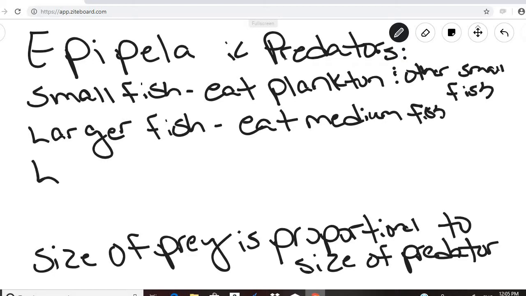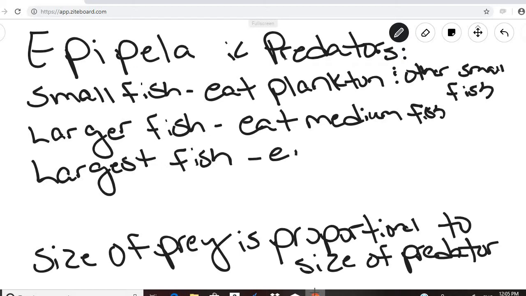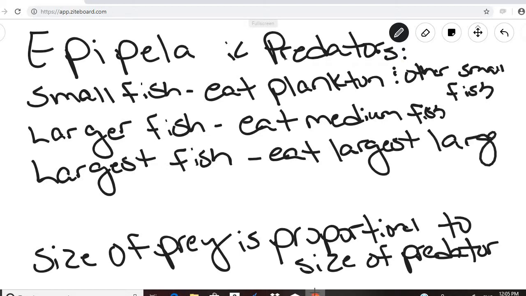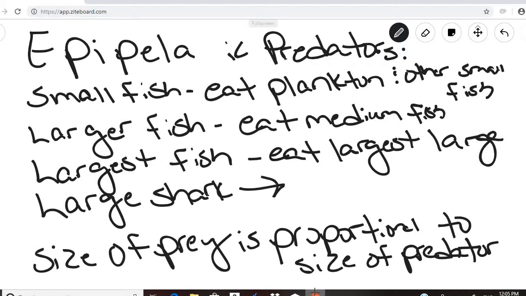And then the largest fish would eat the largest prey. So that's what we mean by the fact that the size of the prey is proportional to the size of the predator. So, for example, you might get a large shark eating a marlin, or some other large fish. So the epipelagic predators eat food proportional to their size.